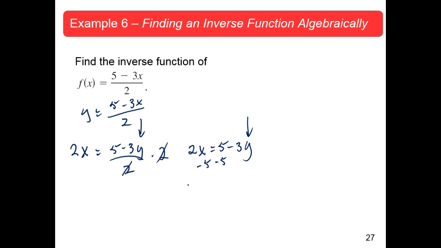On the left-hand side? 2x minus 5, right? When you subtract 5 from the left-hand side, that's what you got, right? Is equal to negative 3y. Perfect. Now what? One thing left to do to isolate that y.